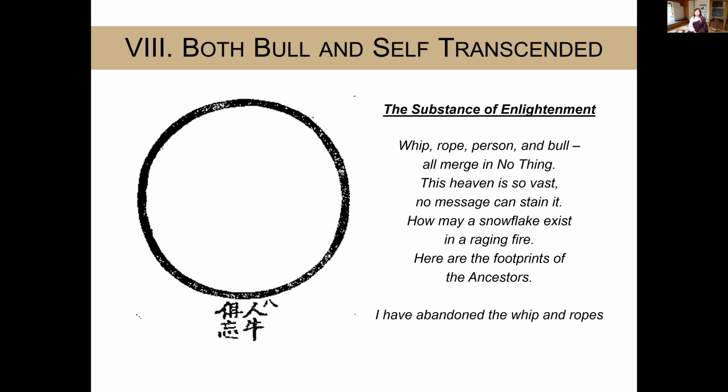It describes the substance of enlightenment. Okay, so you've practiced Zen for 30 years. What did you get? You get nothing. And most people who do practice Zen for 30 years will tell you that it's a pretty good nothing.